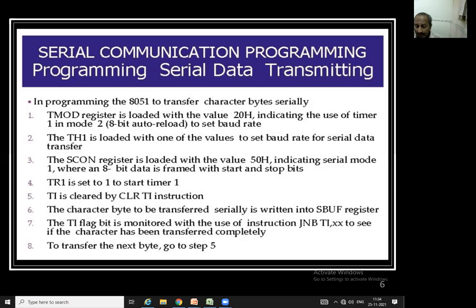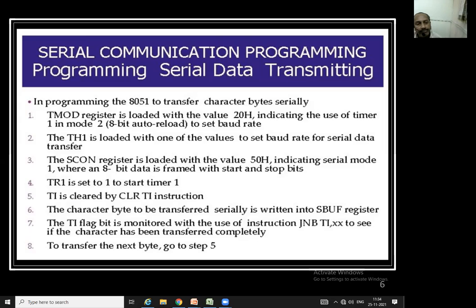Of the SFRs we have seen, TCON, SCON, timer 1 and SBUF, the buffer, these 4 registers are connected during serial communication.